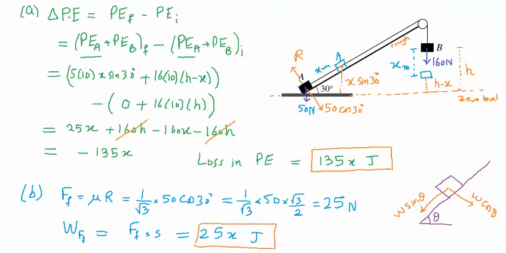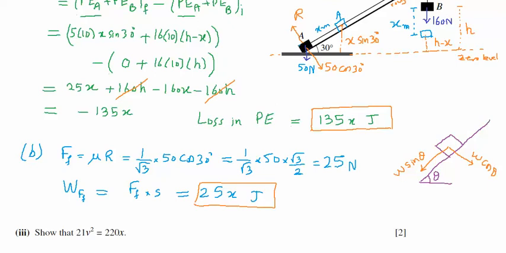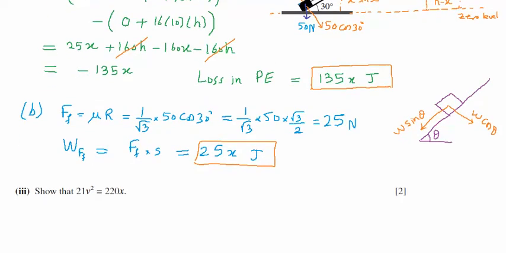Okay, so this question also has another part, which is part 3 of the question. That is, show that 21v square is equal to 220x. By using the work energy equation we can show this, because the rest of the things in this topic we have done with this situation.